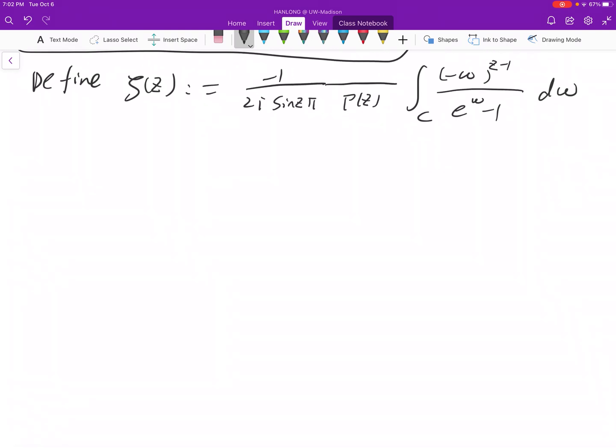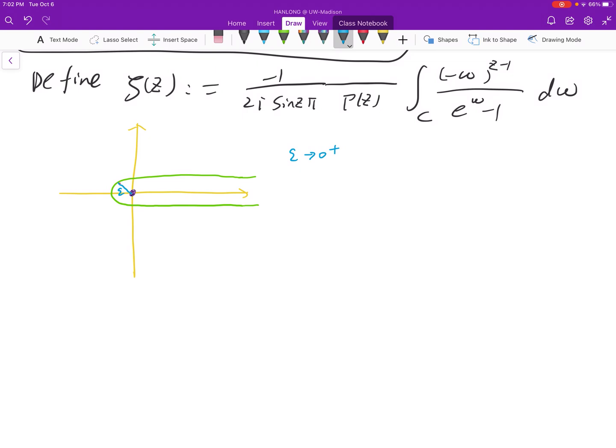And then if you draw a picture, the loop we are interested in is one from positive infinity to negative infinity and the circle around 0. And finally, we will shrink the curve all the way. Let's call the radius epsilon. Later on, we will let epsilon go to 0.